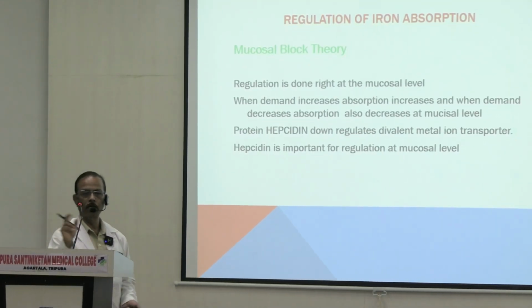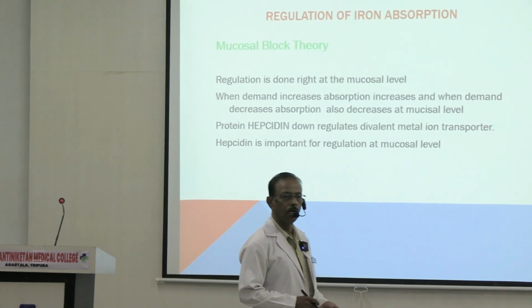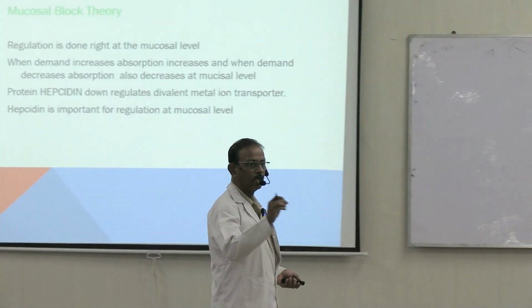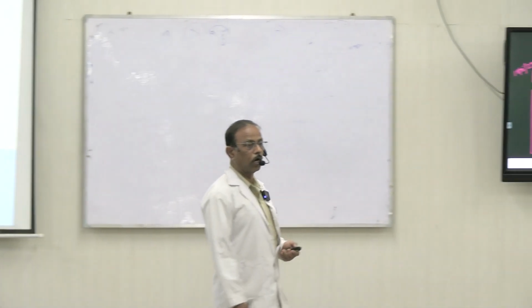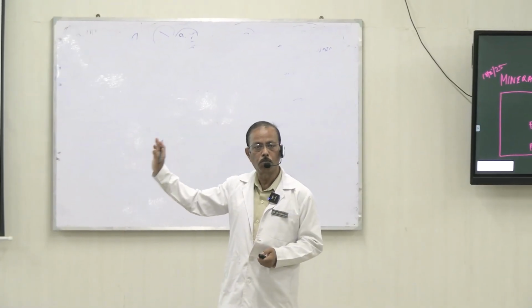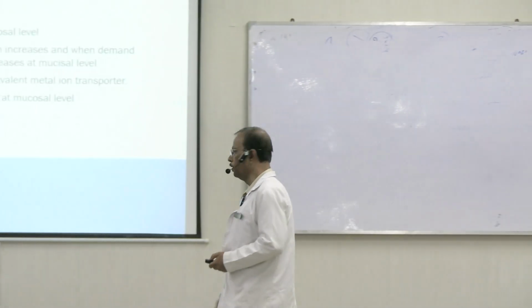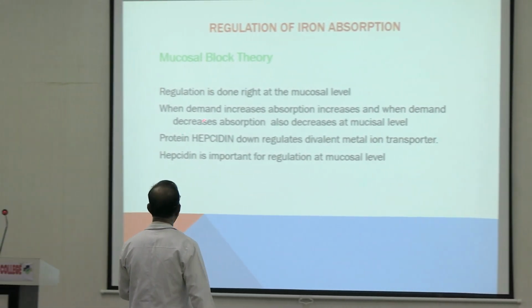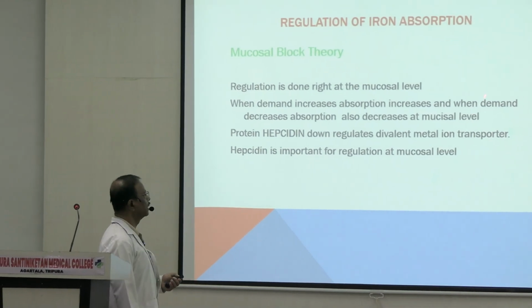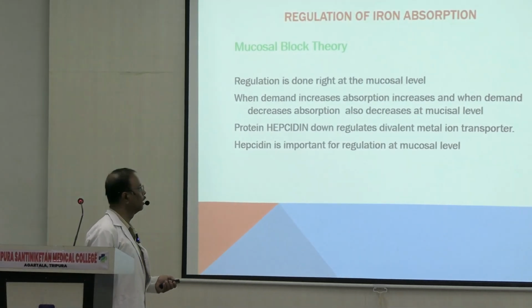When it is required, mucosa will be allowed to absorb the iron and release to the systemic circulation. When it is not required, this mucosa will be blocked and iron absorption will be stopped. So, when demand increases, absorption increases. When demand decreases, absorption also decreases at mucosal level.